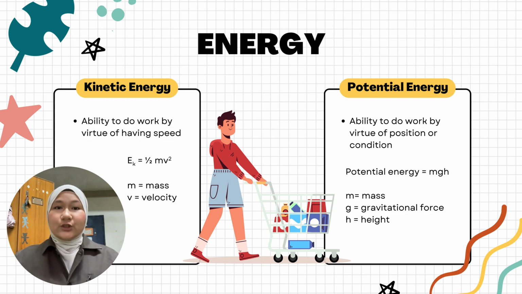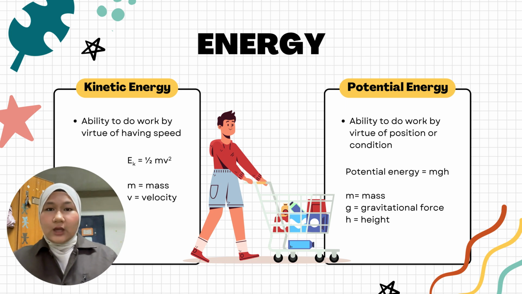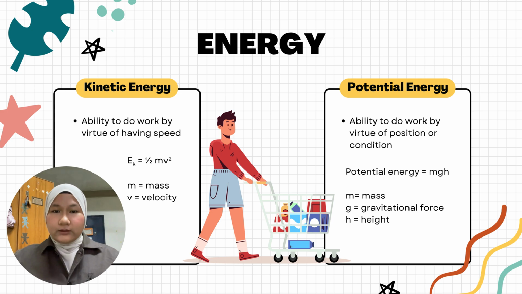Next, potential energy is the ability to do work by virtue of position or condition. The formula for this one is potential energy equal to mgh, where m is mass, g is gravitational acceleration, 9.81, and h is height.